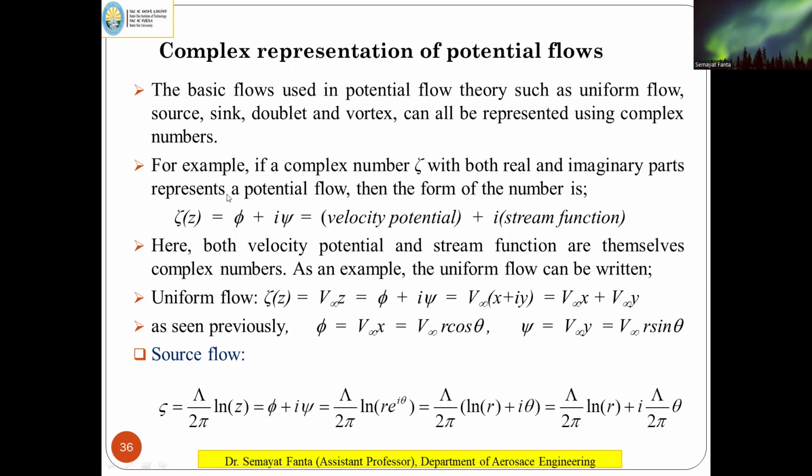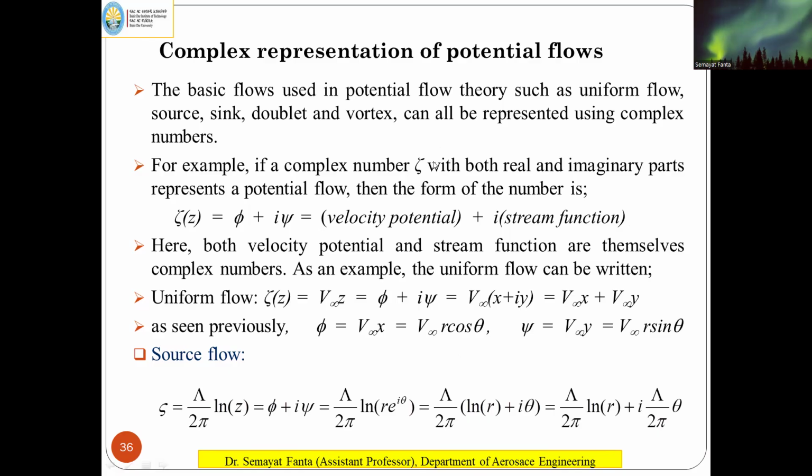And also we can shift the stream function and velocity potential. So the complex representation of potential flow should be analyzed in the context of conformal mapping. The basic flows used in potential flow theory, like uniform flow, source flow, sink flow, doublet flow, and vortex flow, can also be represented using complex numbers.